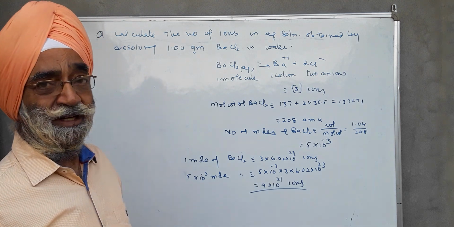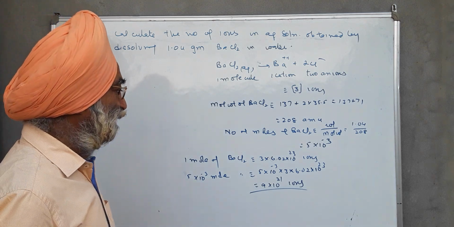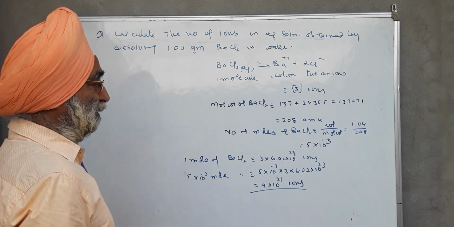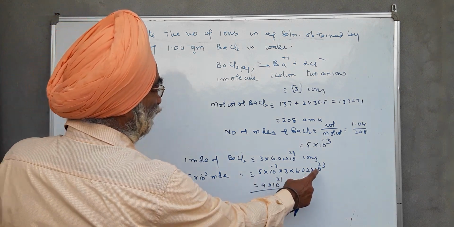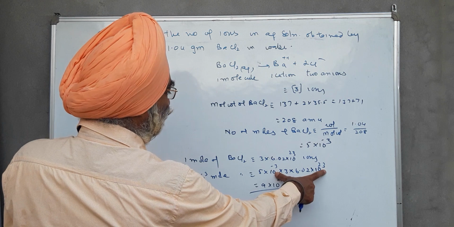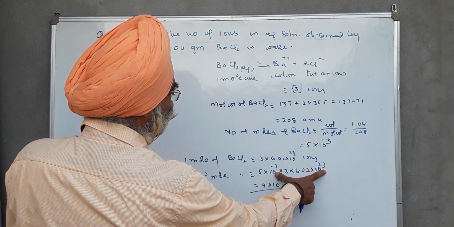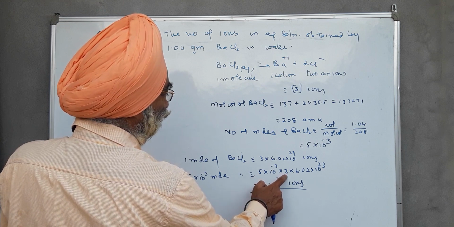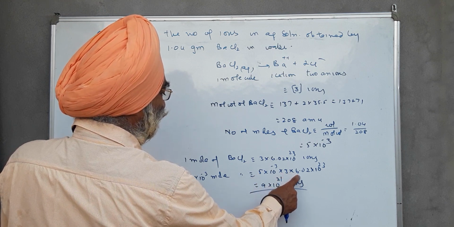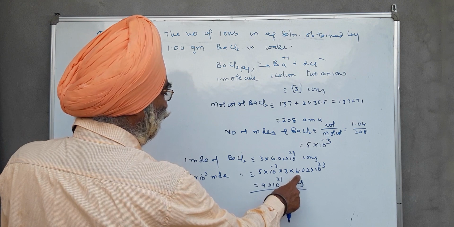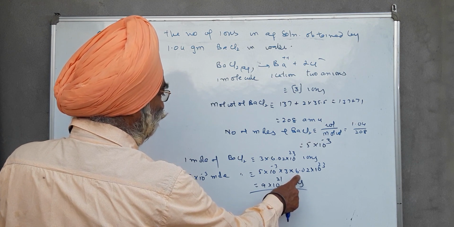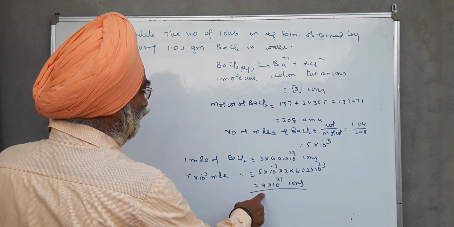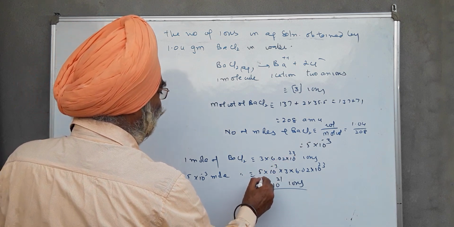As promised, we shall discuss the calculations in a separate lecture. Let's say it was 10 raised to the power 23 minus 3, 20. What is more? 5 into 3, 15 into 6, 90. So it was 90 into 10 raised to the power 20. Instead of 90 into 10 raised to the power 20, I have done 9 into 10 raised to the power 21.